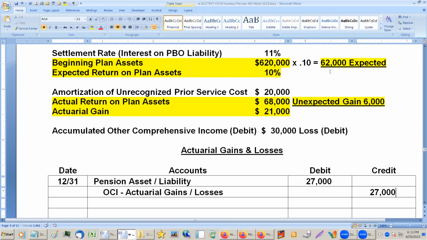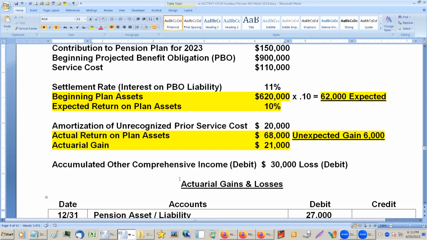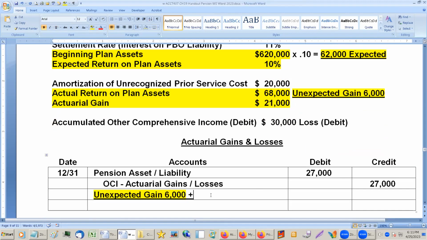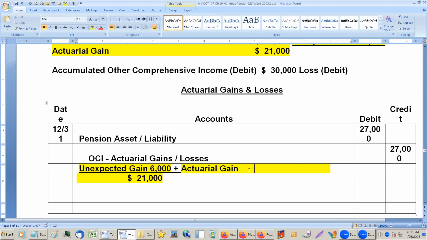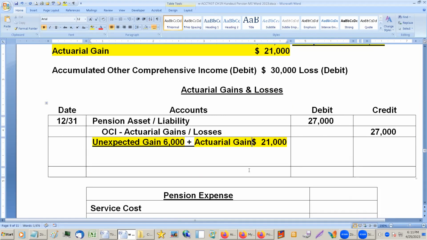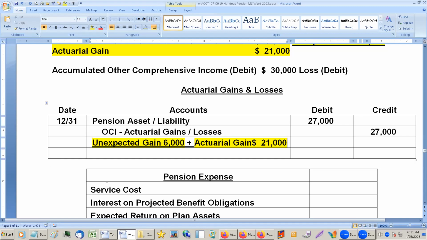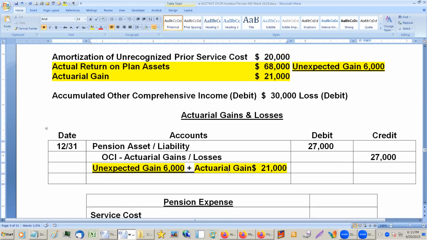And we got that by the unexpected gain of 6,000 plus the actuarial gain. Okay. So those two together are the 27,000. They're both gains. This will be a gain.